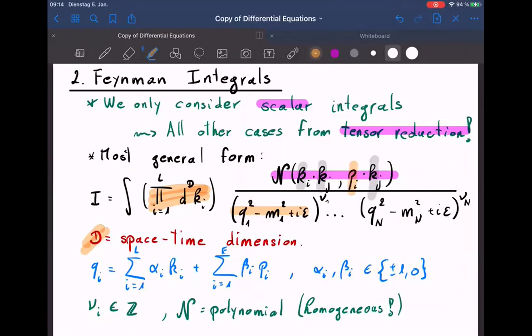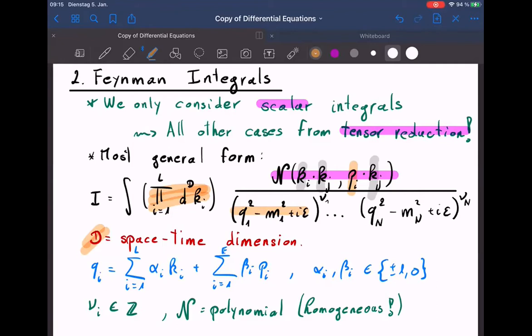The p will always denote, for me, external momenta, while the k will be the loop momentum. And so my numerator, N, will be a polynomial in these dot products. And I will assume that this polynomial is homogeneous in the energy dimension. So if I have, for example, a term that has energy dimension 2, then all the terms should have energy dimension 2. I can always arrange for that. That's not a restriction.